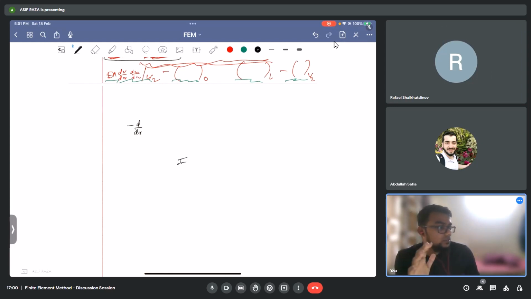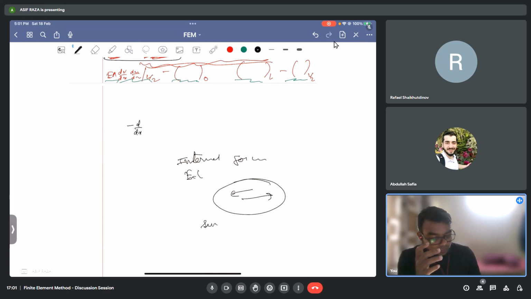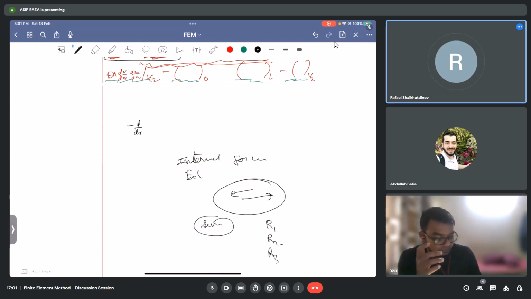For my simplicity, I don't consider internal or external force. I see them both as forces with some magnitude and sign. If external forces are applied in this direction and internal forces in this direction, I just sum them up, and that will be my R1, R2, R3.